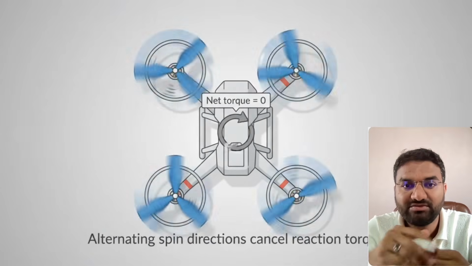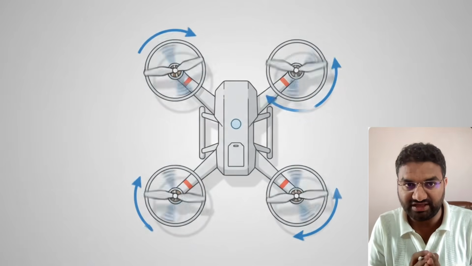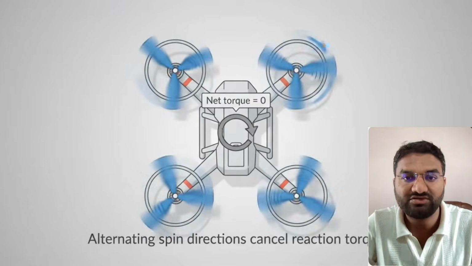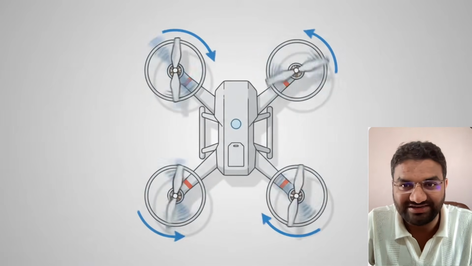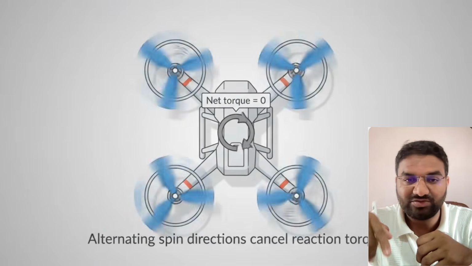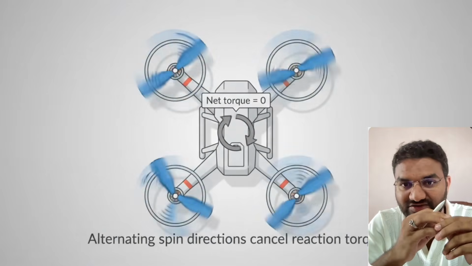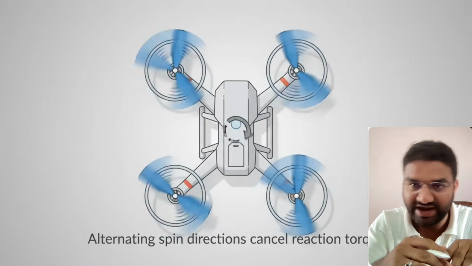Each spinning propeller creates a reaction torque on the drone body, so the frame wants to spin the opposite way to the blade, just like a helicopter without a tail rotor, right? So the sum of clockwise moments is equal to the sum of anti-clockwise moments. That's how it cancels out, and it moves up and down, right, left.